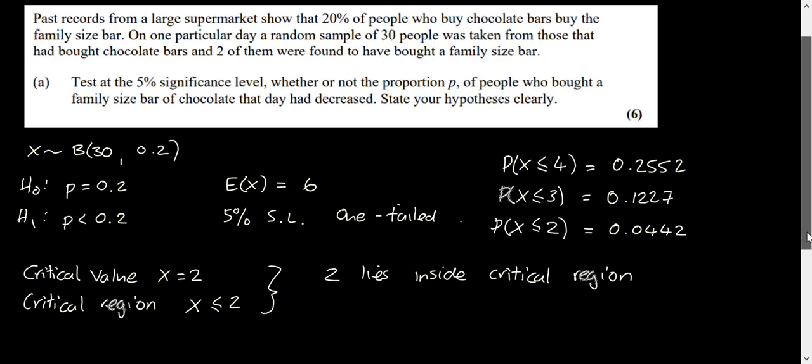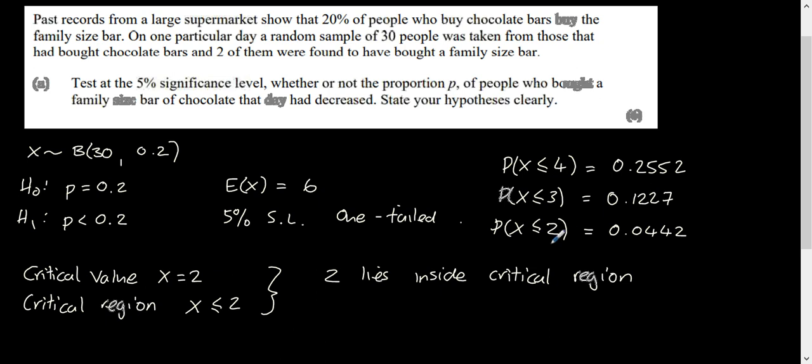And remember what that means. It means that any result that is less than or equal to 2 is significant. It returns a probability less than 5%. So conclusion 1, there is sufficient evidence again to reject H0.